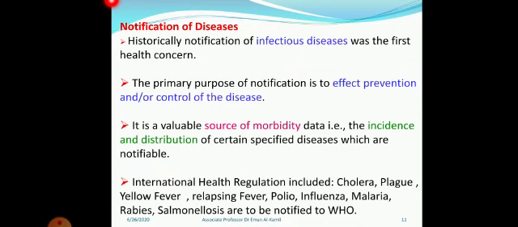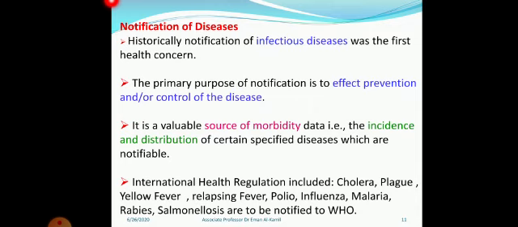So there are different centers specialized for certain communicable diseases in order to notify about these infectious health problems. The main purpose is the prevention and control of disease by providing different programs, such as vaccination, in order to prevent these health problems.